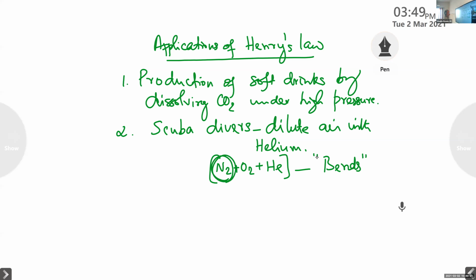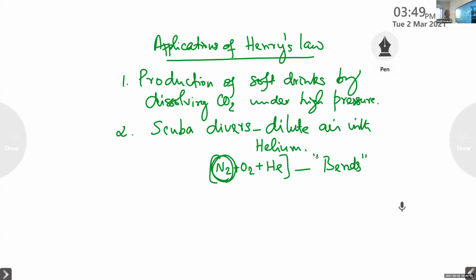The answer is, nitrogen is more soluble than helium, and if air is diluted with helium, the amount of nitrogen can be reduced and the dissolution of nitrogen can be reduced. And when the scuba diver is coming out, the severe pain or bends can be prevented or minimized.